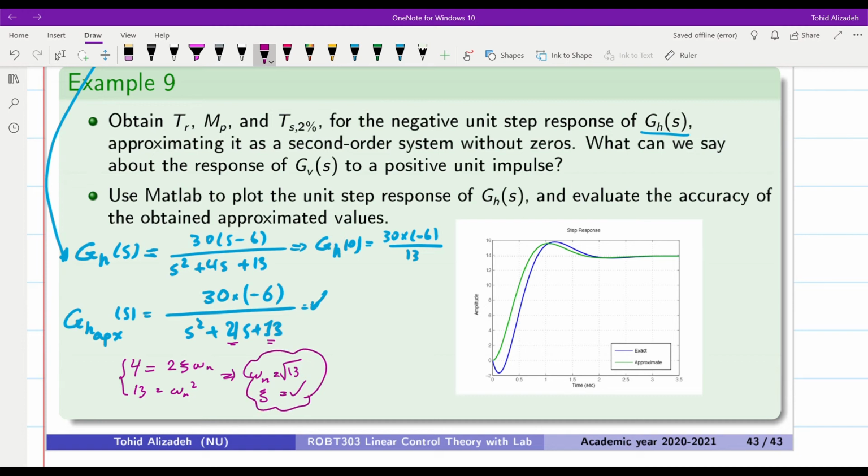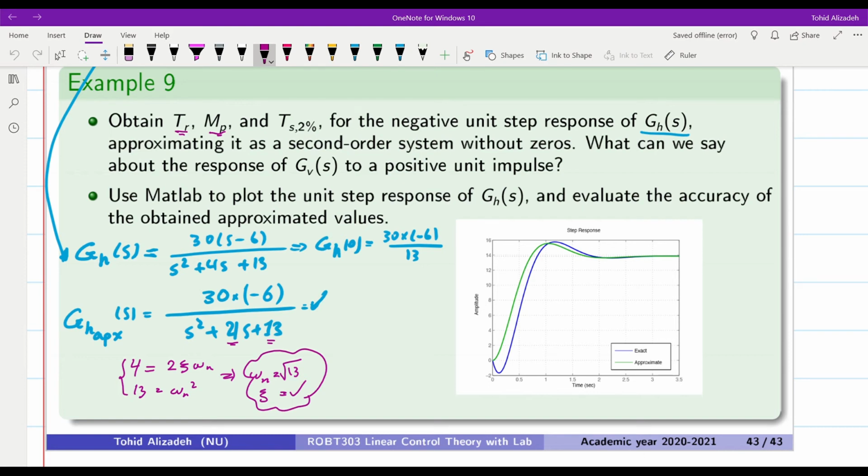Once we have those values, we can easily find out the value for TR, the rise time, which is 1.8 over omega n, the MP overshoot, which depends on the value of zeta, and the 2% settling time, which is 4 over zeta omega n. And in that case, we will have an estimation of the values for the step response parameters.